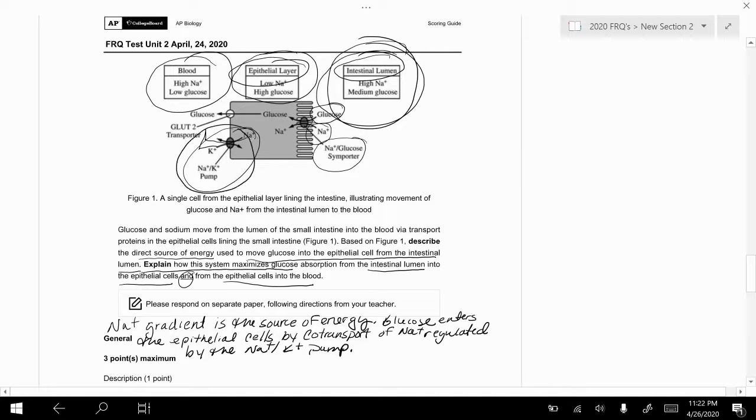Okay, so again over here, sodium comes out from the pump, potassium in, but then sodium is brought in. And so that's how glucose gets in there.